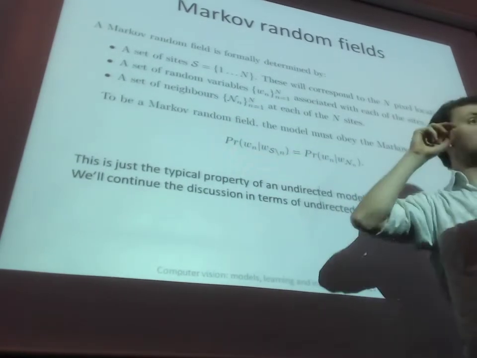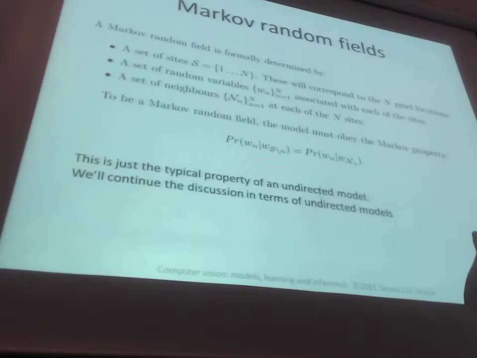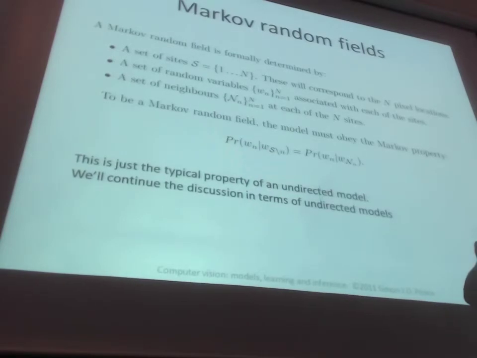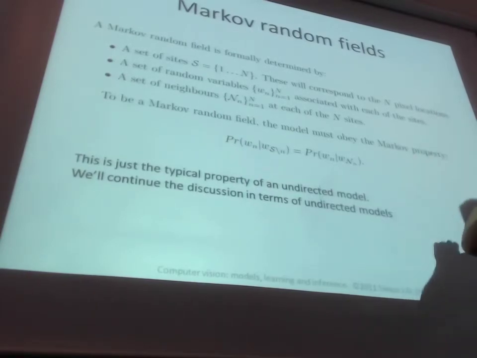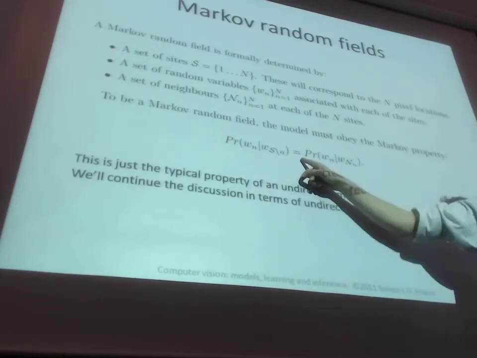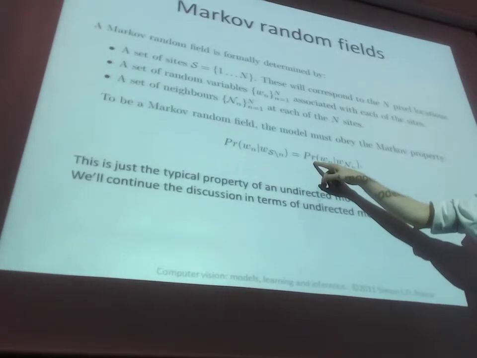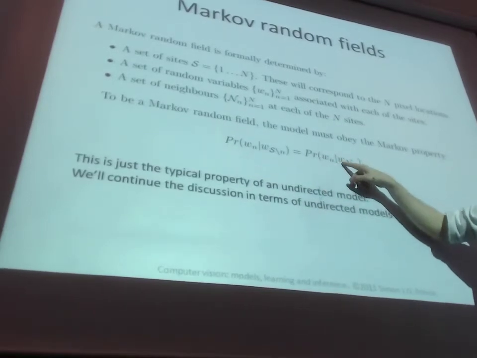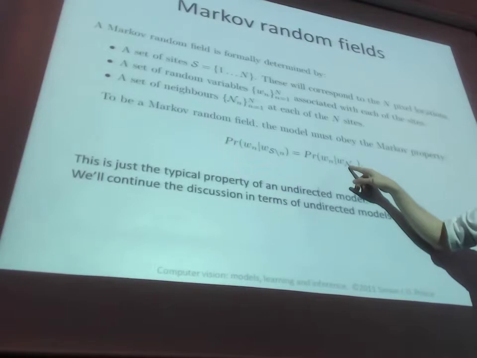In other words, I'm talking about a single pixel in that image, and I'm saying the probability of that single pixel, given all of the other W's in the whole image, equals the probability of Wn conditioned on just Wn's neighbors.